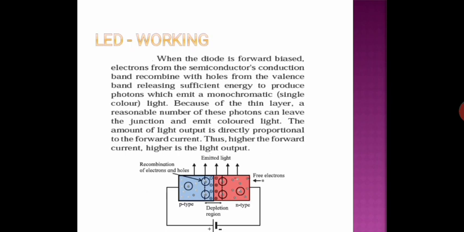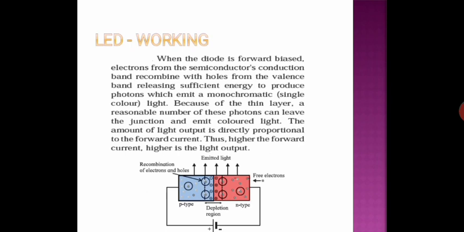Now the working of LED. When the diode is in forward bias, electrons from semiconductor's conduction band recombine with holes from the valence band, releasing sufficient energy to produce photons, which emit monochromatic, that means single color light.